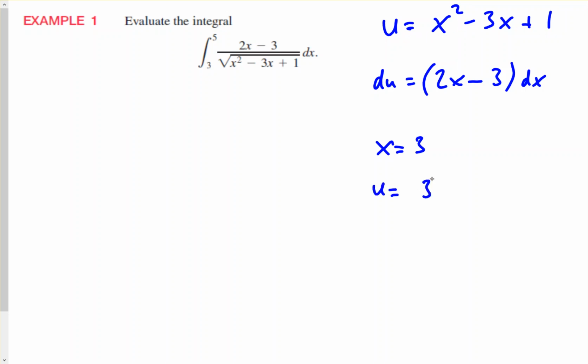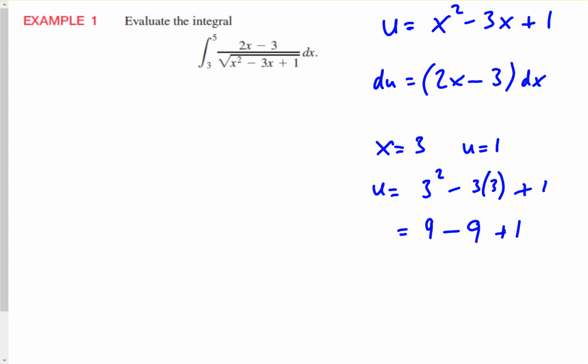U will equal 3 squared minus 3 times 3 plus 1. So that gives me 9 minus 9 plus 1. So 9 minus 9 is 0, plus 1 is 1. So when x equals 3, u equals 1.